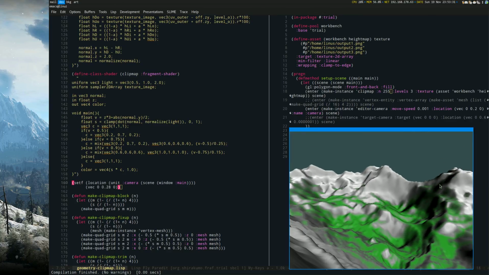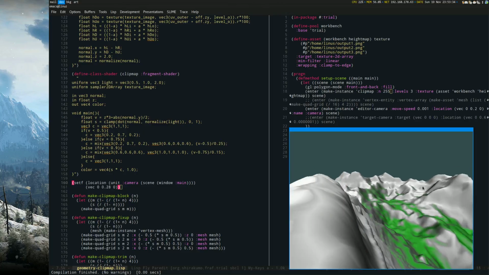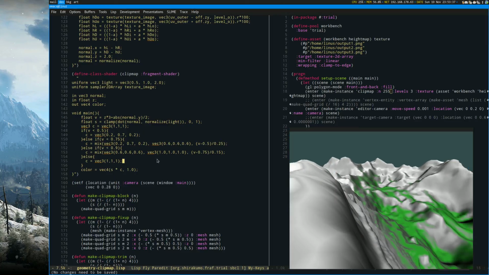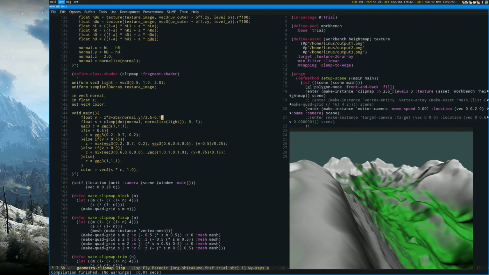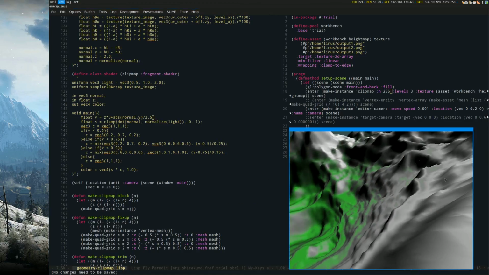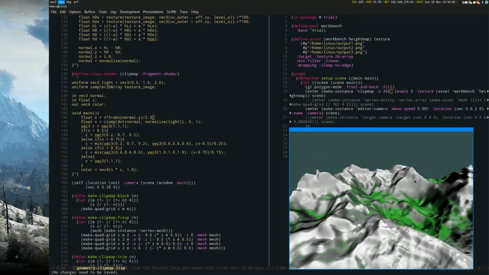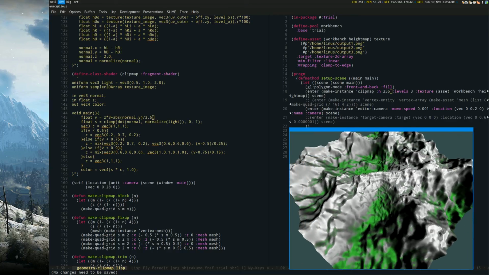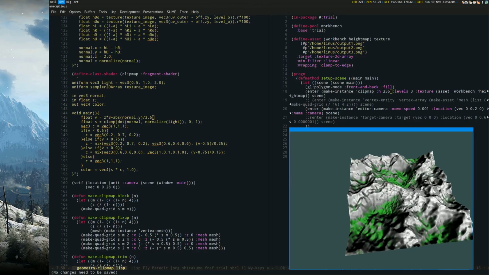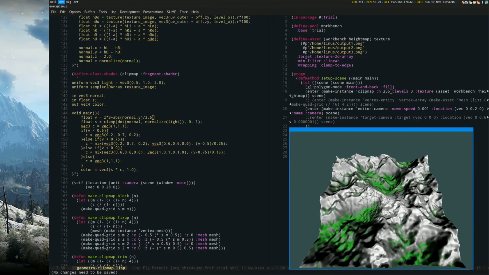Okay. Well, it's fun, I guess. I don't know. Nice. Whatever. Alright. Well, we got the thing going. Hurrah. Marvel at the loss of detail. Astounding.